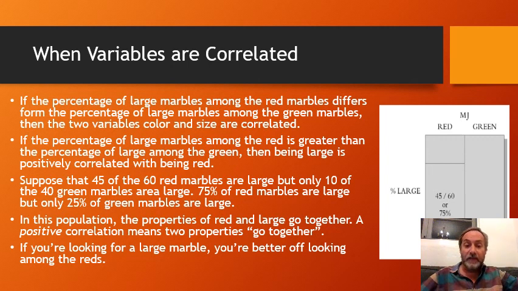So in this population, the properties of red and large tend to go together. A positive correlation just means that the two properties go together: red marbles tend to be large more frequently than green marbles. In other words, if you're looking for a large marble, you're better off looking among the reds. You'll find one faster among the reds, in all probability.